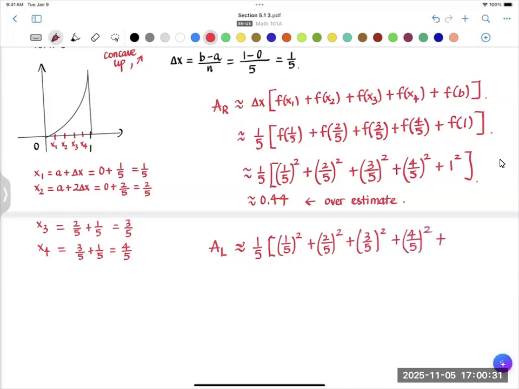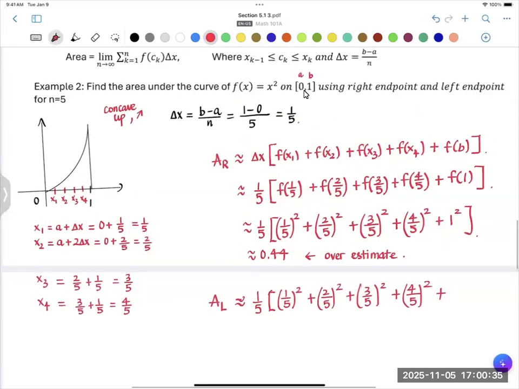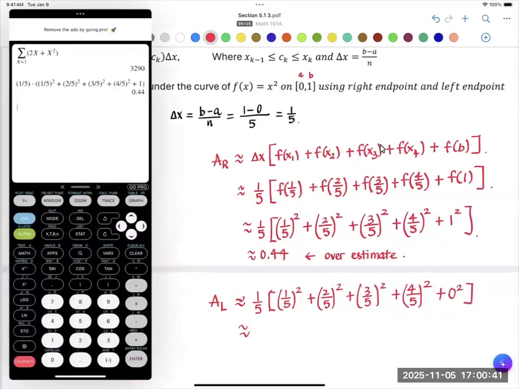And instead of the last value being 1, you will replace it by the first value, which is 0, so 0 squared. Then we multiply the values. So instead of 1 squared, you're going to have 0 squared. And that will give you 0.24.